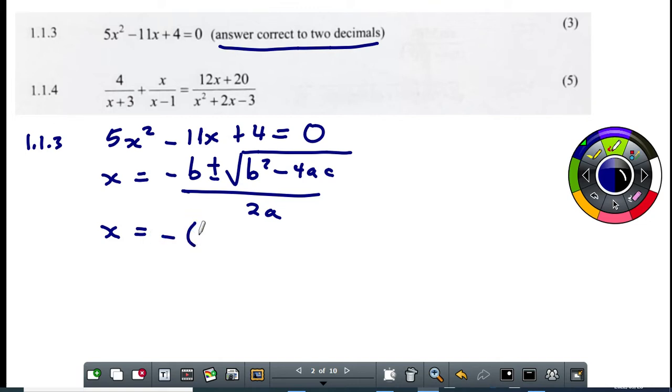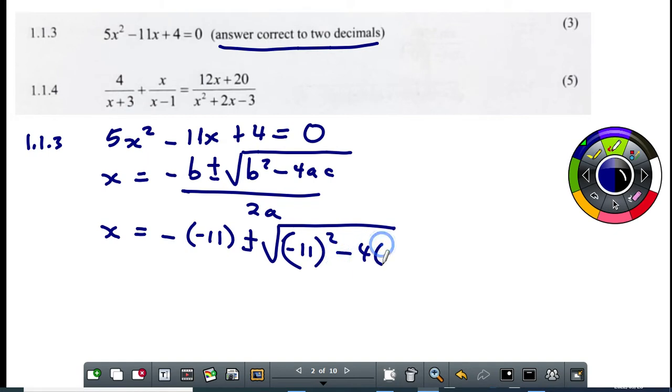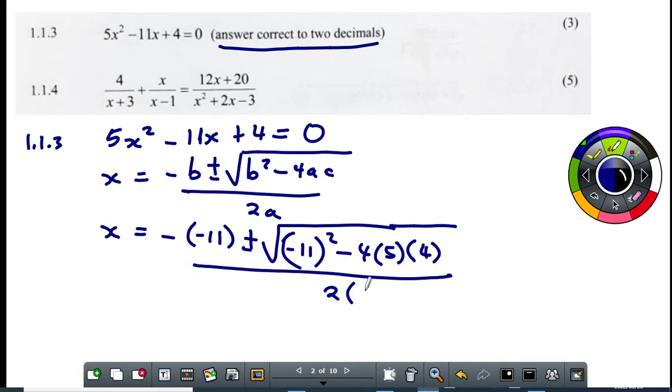So the minus 11 plus or minus the square root of b squared, that would be minus 11 squared, minus 4 times a, our a is 5, times c, which is 4. This is all over 2 times 5.